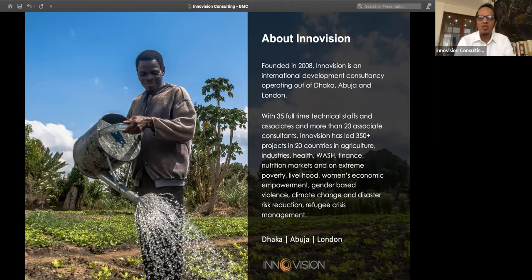So Innovision, at its heart, applies the systems lens and the systemic approach to design solutions to the challenges that are related to extreme poverty.